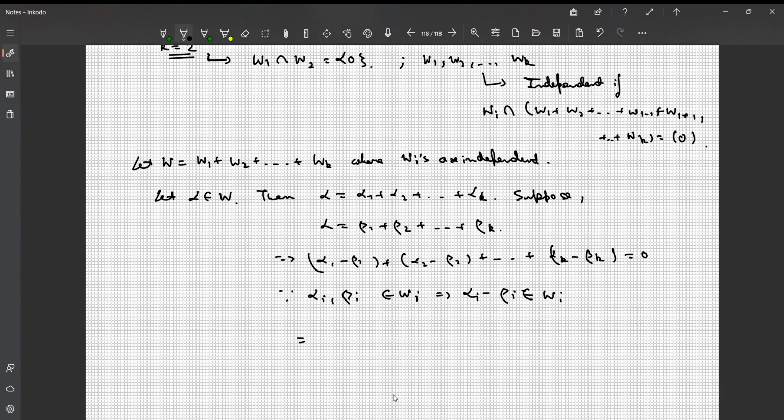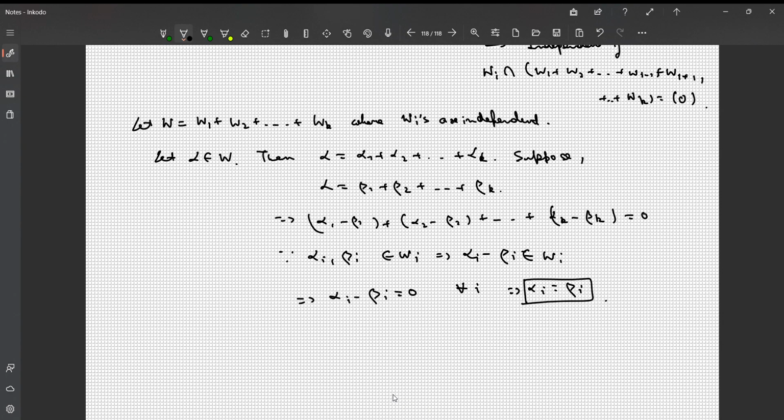So this sum becomes 0, right? But then that immediately implies that alpha i minus beta i must be equal to 0 for all i, and that implies alpha i must be equal to beta i. Therefore, the representation is unique. Therefore W attains a unique representation.